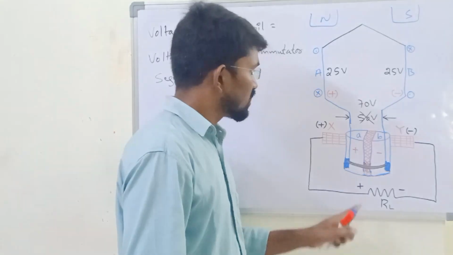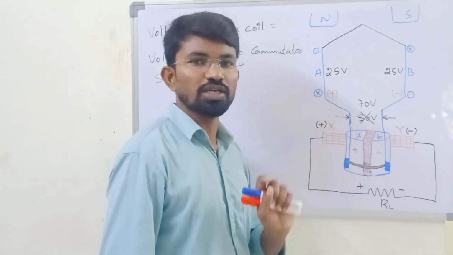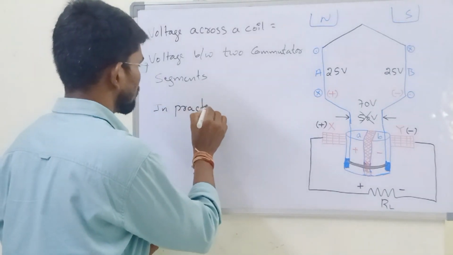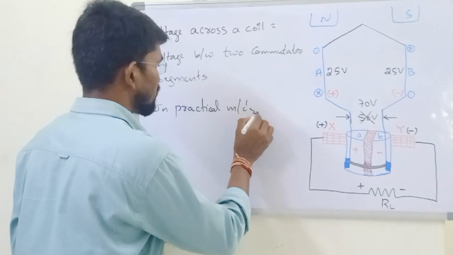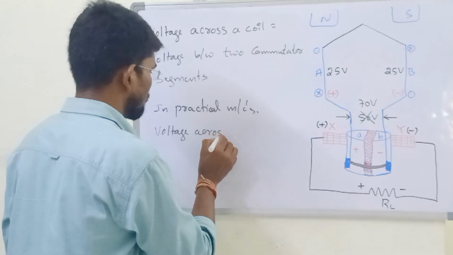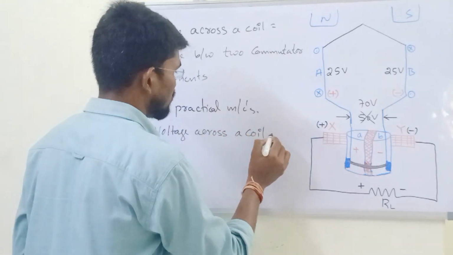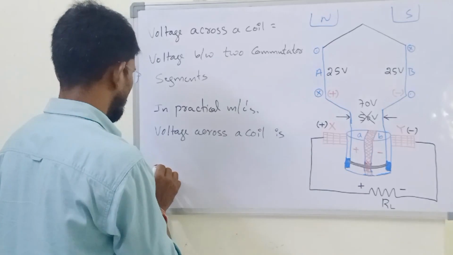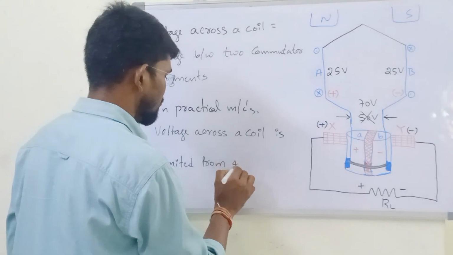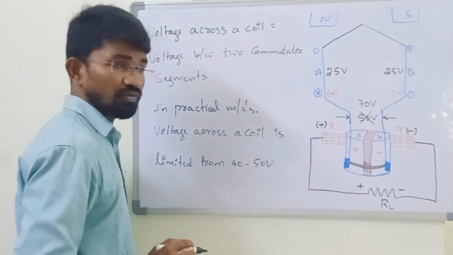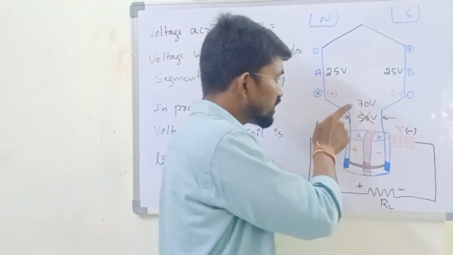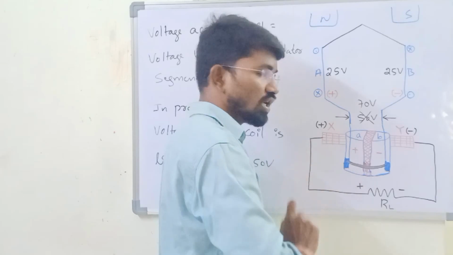In practical machines, the voltage across a coil is limited to 40 to 50 volts. Now if you want to induce more voltage, what happens? This insulation breaks down.